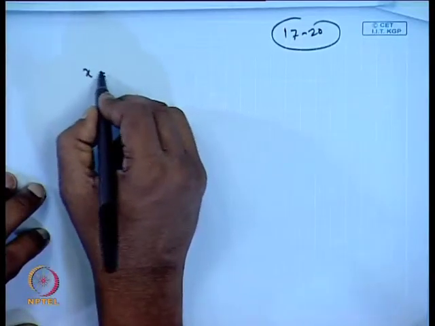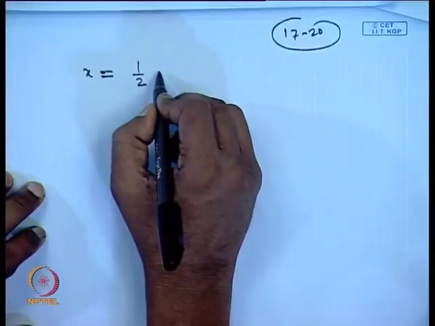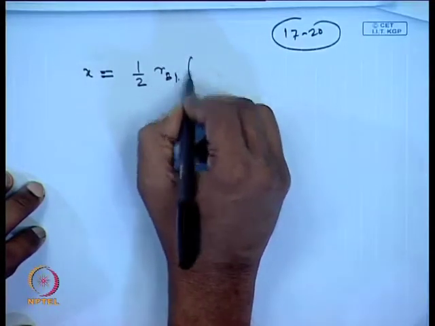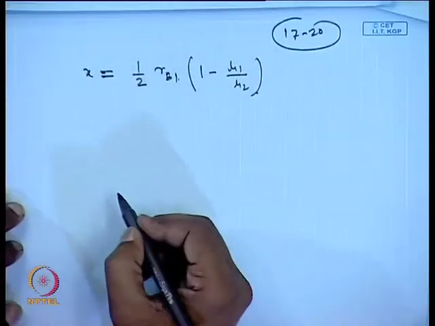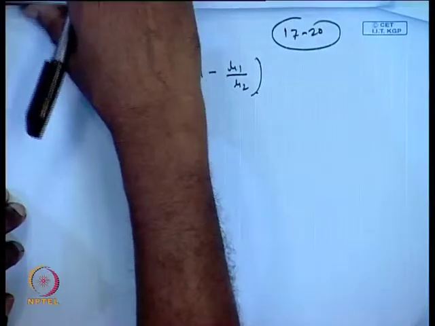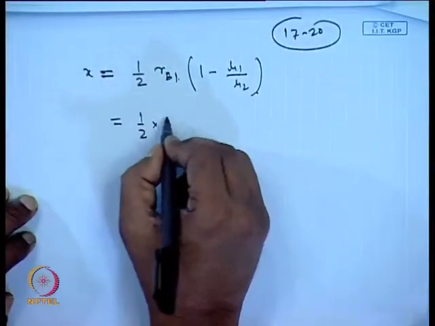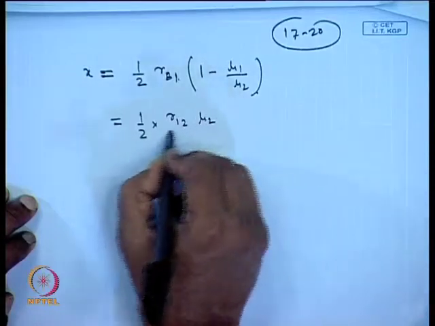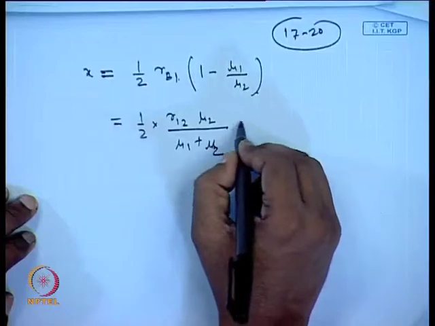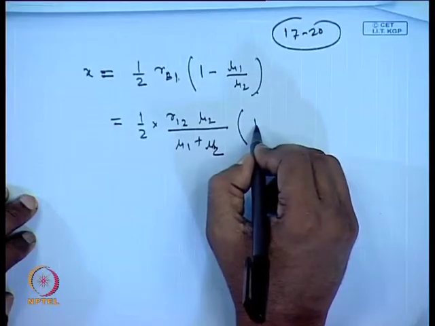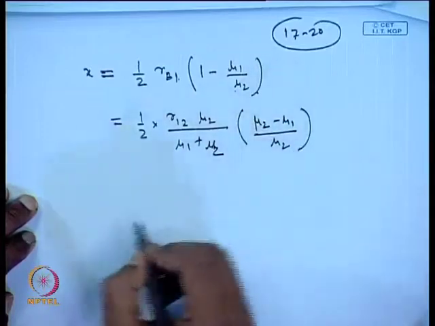So, what we get is x as 1 by 2 times R_b1 times (1 minus mu_1 by mu_2). R_b1 we have already written in terms of R_12. So, this becomes R_12 times mu_2 by (mu_1 plus mu_2), and then multiplied by (mu_2 minus mu_1) by mu_2.